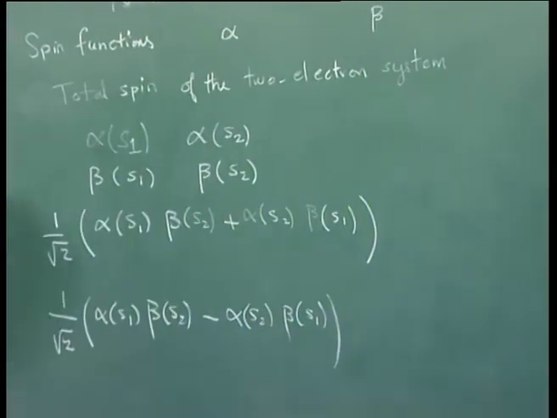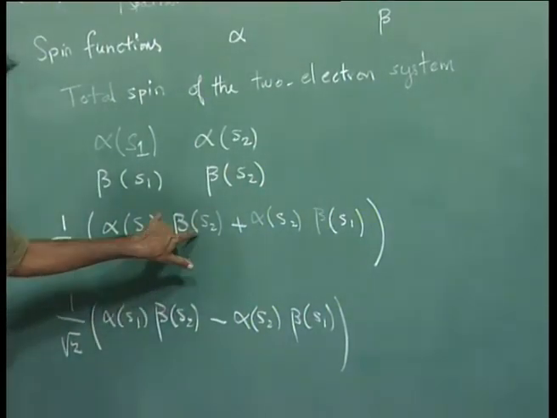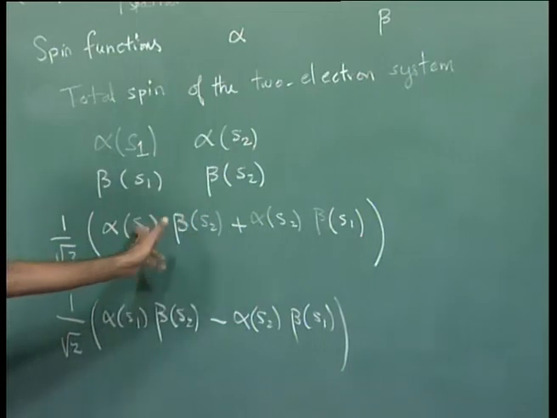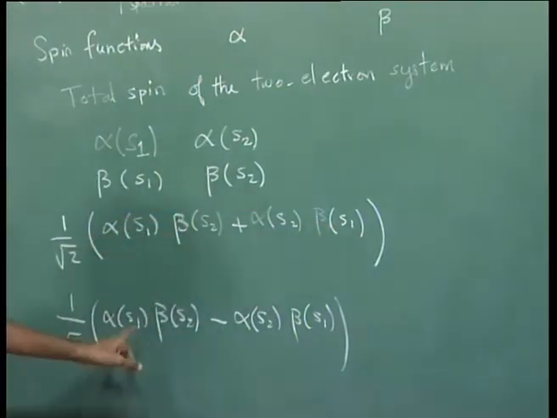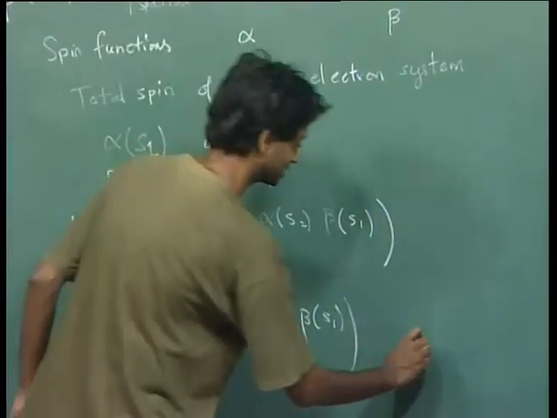Okay. And this function is symmetric to interchange of S1 and S2. So if I switch S1 and S2, this remains the same, whereas here if I switch S1 and S2, this changes sign. Okay, so this is anti-symmetric.